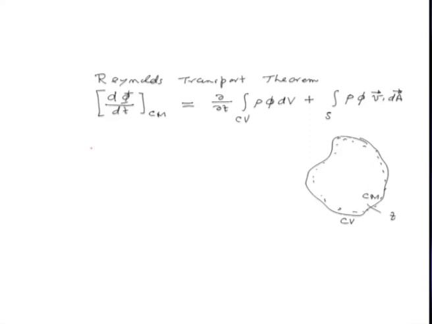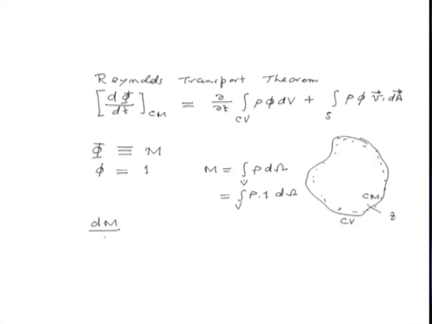Now, we have already identified that capital phi is identical to M, and small phi, that is our intrinsic property in this case, becomes 1 because M is defined as rho d omega, or we can say that this is rho into 1 d omega.